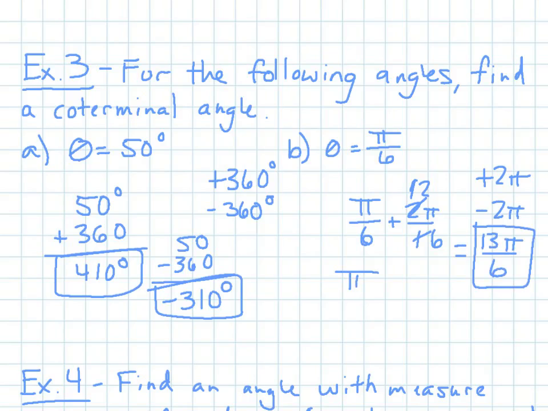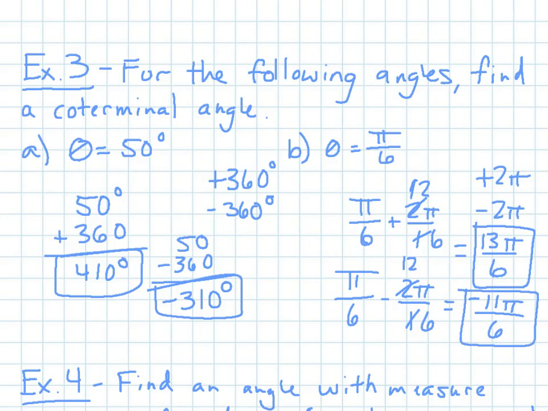If I wanted to do the same thing but subtracting, I still have to make common denominators. So 12 pi over 6 gives me negative 11 pi over 6. Okay? So those are two options, and you can add 2 pi over and over again if you wanted a different coterminal angle. So there's an infinite amount of coterminal angles you could have.